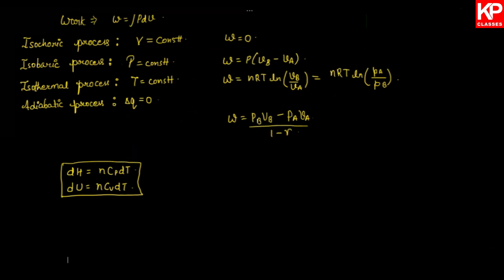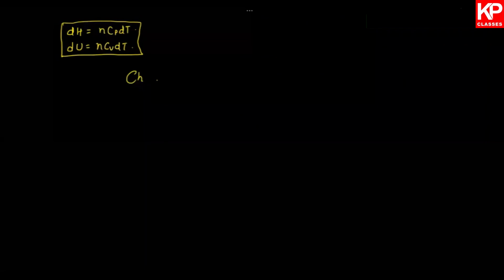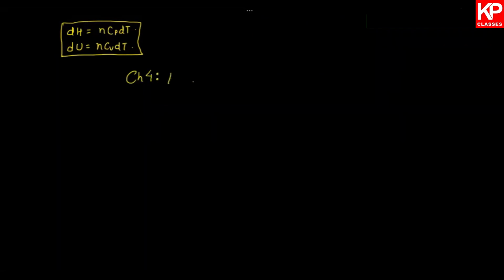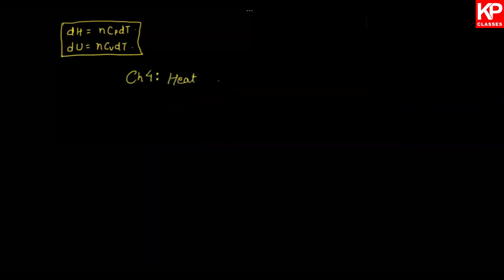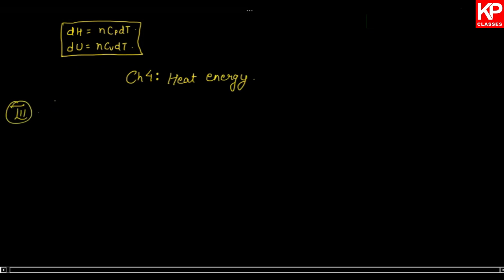Okay, very good. So to begin the lecture, it was section number 3, I believe. First of all, it was chapter number 4, that is heat energy, inside which we were discussing the third section, where I'm going to prove how heat is a path function.